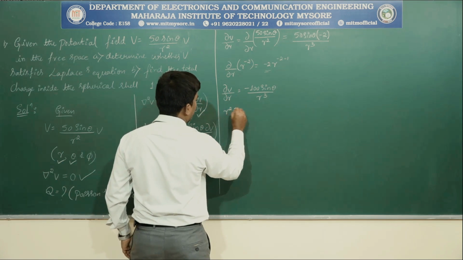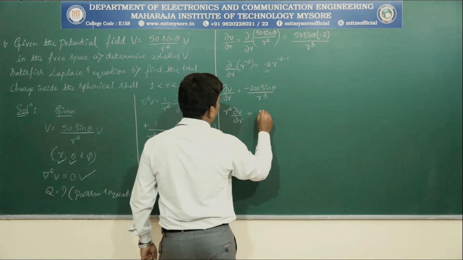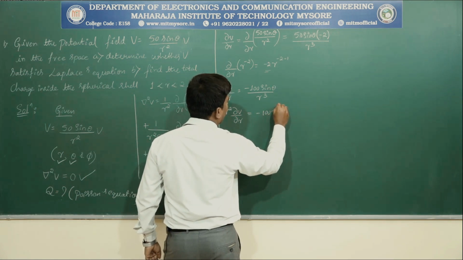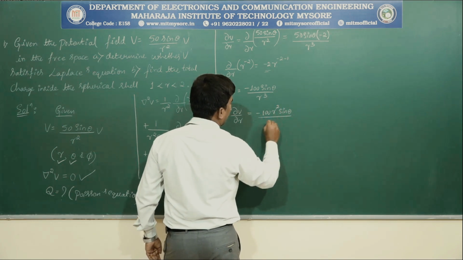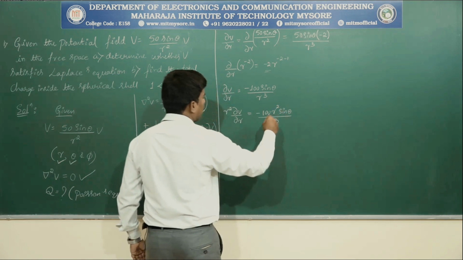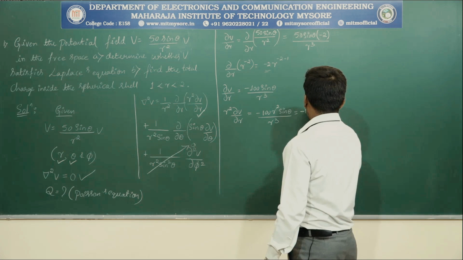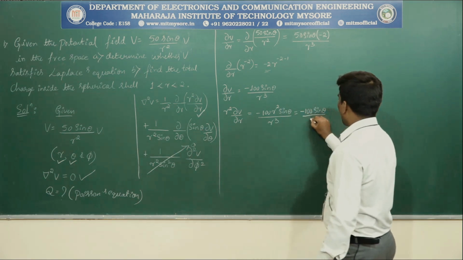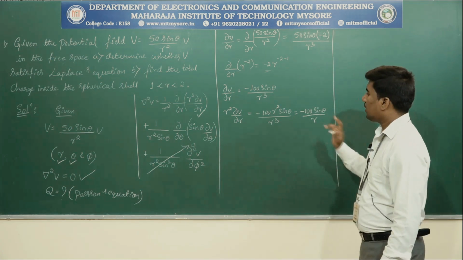Then this equation becomes r square ∂V/∂r is equal to minus 100 r square sin theta divided by r cube. r square and r cube get cancelled. What we have left? Minus 100 sin theta divided by r. This is the quantity we are going to get.